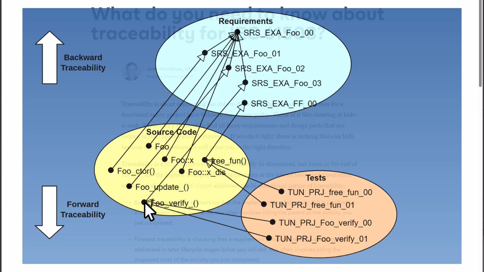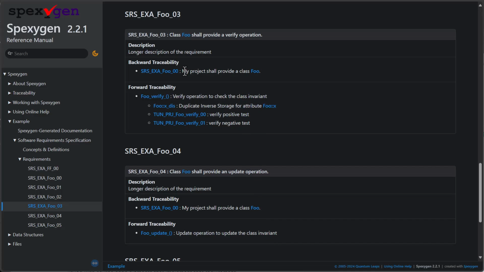In contrast to backward traceability, forward traceability links can and should be generated automatically based on the existing backward traceability links. Please note that forward traceability is typically recursive, meaning that if an artifact, such as a unit test, traces to a code artifact, and that code artifact traces to a requirement, then the test artifact also traces to the requirement artifact.